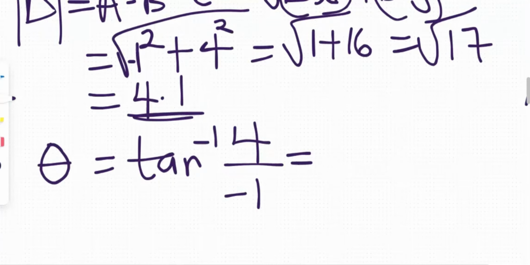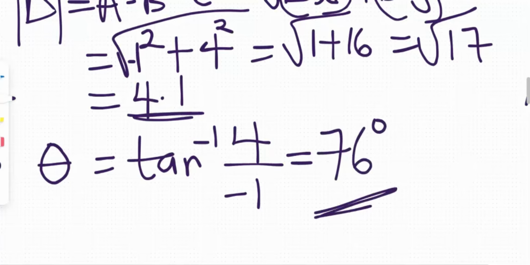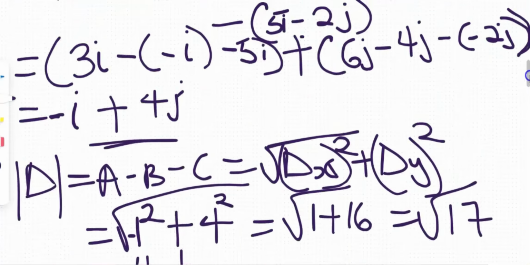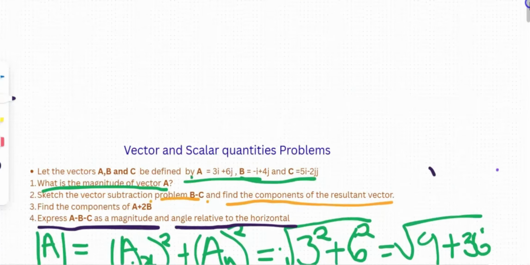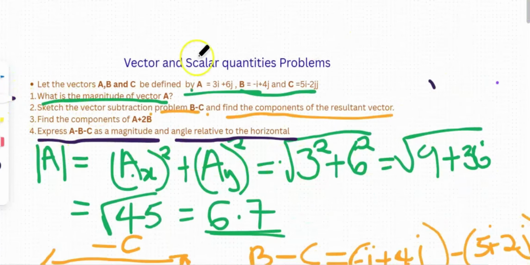The tan inverse of 4 over negative 1 is approximately 76 degrees. So therefore, the angle is 76 degrees and the magnitude is 4.1, right? Okay. So this resolves those problems that we have here.